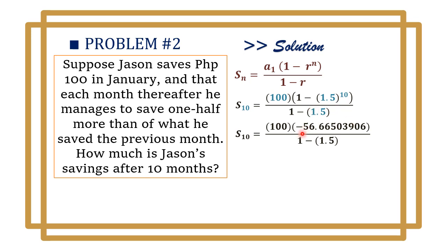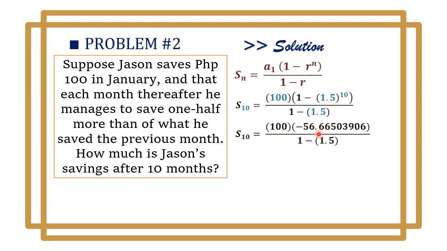I got negative 56.66503906. So reminder, guys, if you are in the middle of your solution, do not round off yet. So it is advisable for you to round off only at the last part of your computation or solution.